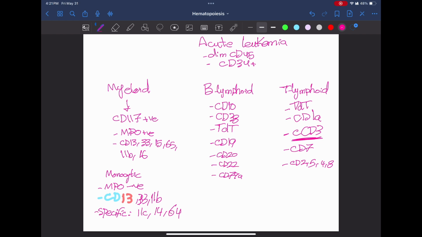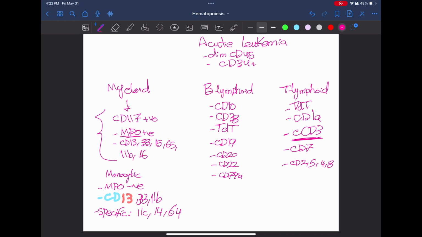Now, to make a diagnosis of acute myeloid leukemia, you want to see at least 2 myeloid-associated antigens, and then MPO positivity is good for making a diagnosis of acute myeloid leukemia. However, acute myeloid leukemia can show lymphoid marker expression, and lymphoblastic leukemia lymphoma can show acute myeloid leukemia marker expression as well.